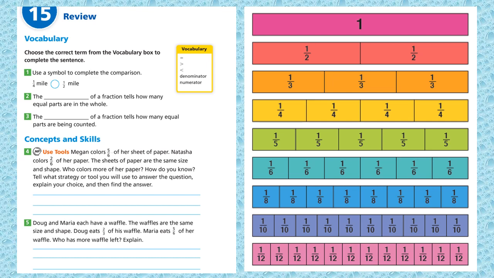Use a symbol to complete the comparison. 1/4 mile or 1/2 mile. So if I'm using a symbol, I'm looking for the equal to, the greater than, or the less than symbols. And I'm going to choose the correct one to complete the comparison. Well, without using my fraction bars, I know that 1 part out of 4 is less than 1 part out of 2.